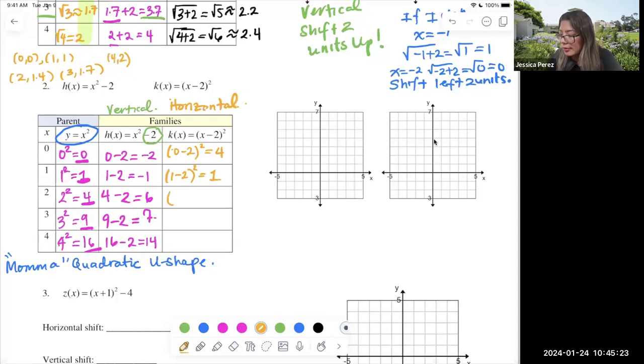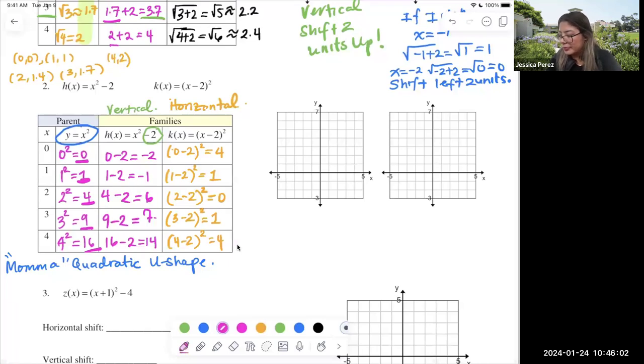And then 2 minus 2 squared is 0. Then 3 minus 2 is 1, and 1 squared is 1. And then 4 minus 2 is 2, squared is 4.